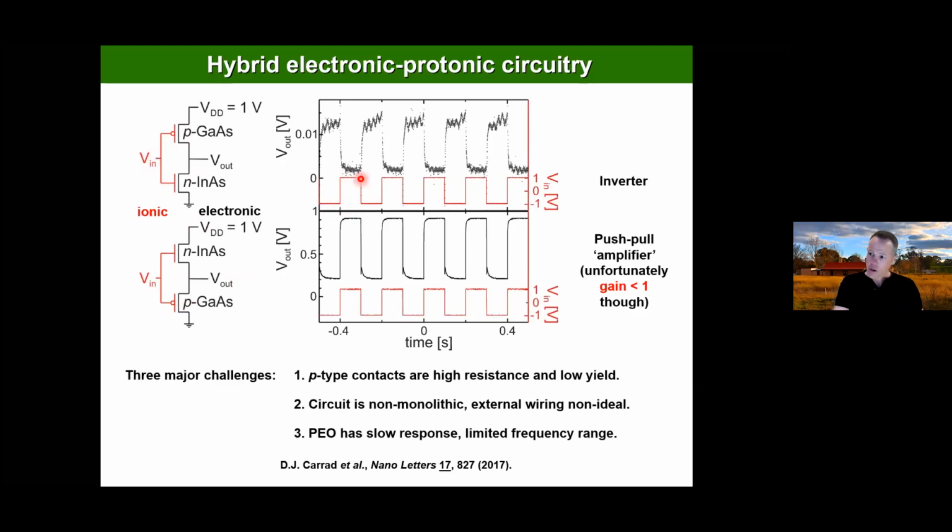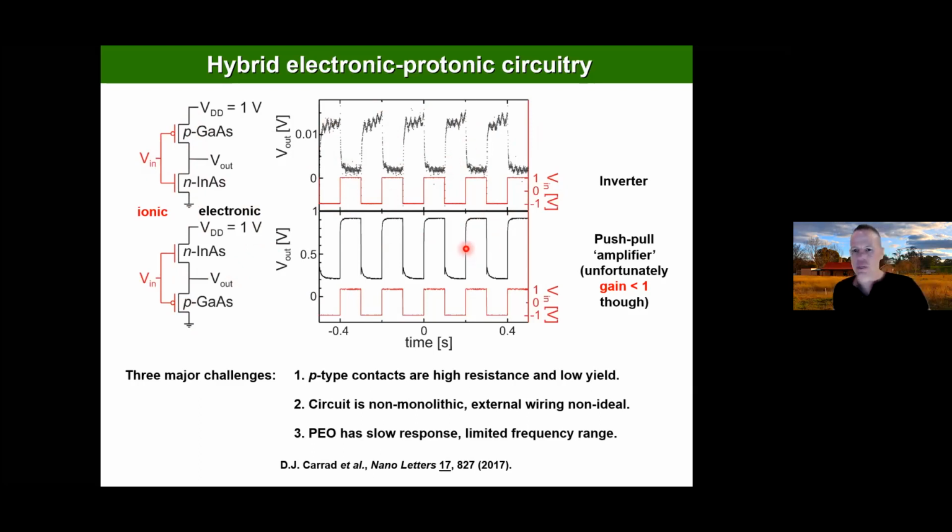And that's this square wave signal that you see just here, and use that to turn into an electronic signal on the right hand side in this inverter circuit here. And so this is the black data that you see in this diagram here. And so we can make very simple inverters and push-pull amplifiers out of this.